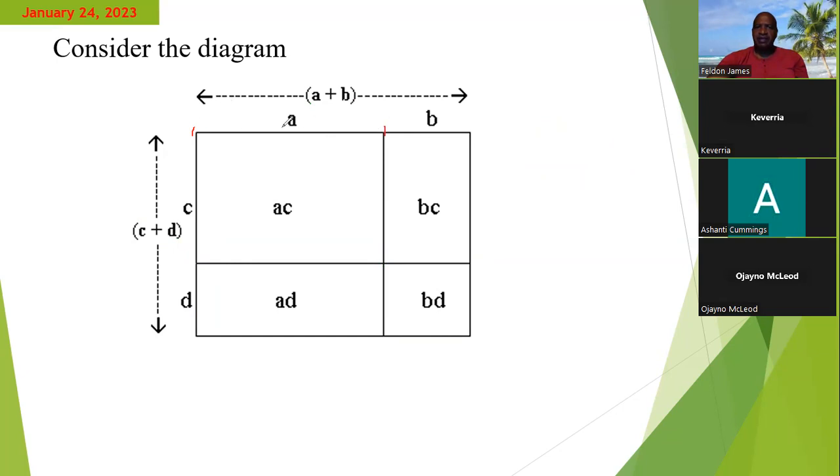Because the length of this one would be this length A plus this length B. And likewise, we have this length C plus this length D. But if you were to multiply them as expressions, you should get the area of these smaller rectangles. And so that would give you the result of the binomial product from a distributive law point of view.